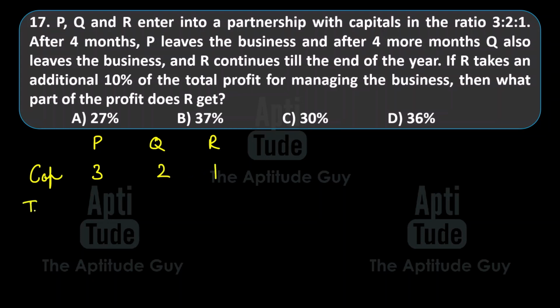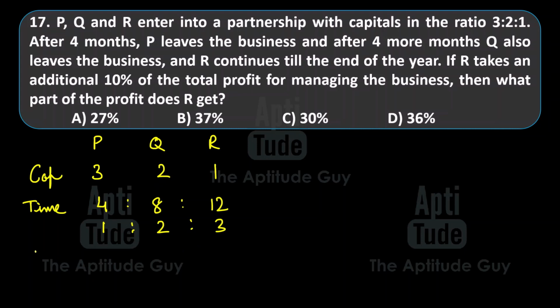And what about the time? P leaves the business after 4 months. So P was in the business for 4 months only. After 4 months more, Q leaves the business. So Q leaves the business after 8 months. And R stays in the business for the entire year. That means the ratio of the times is 1 is to 2 is to 3.